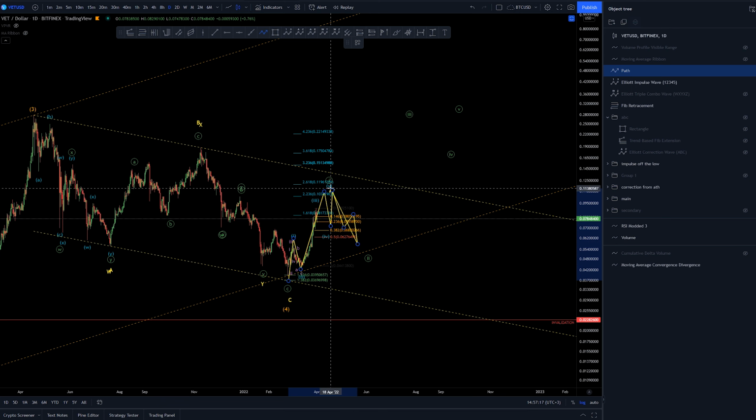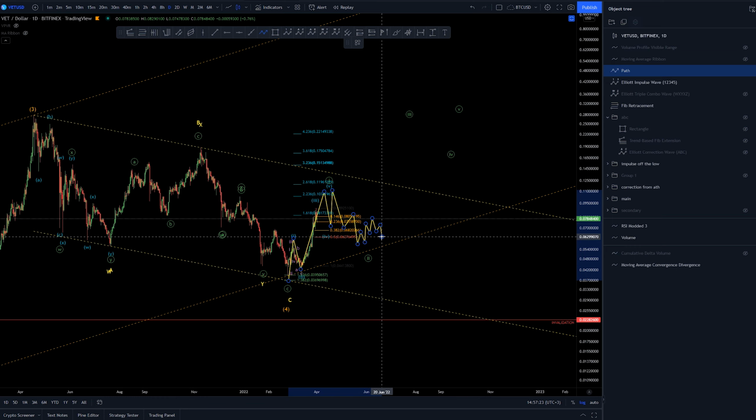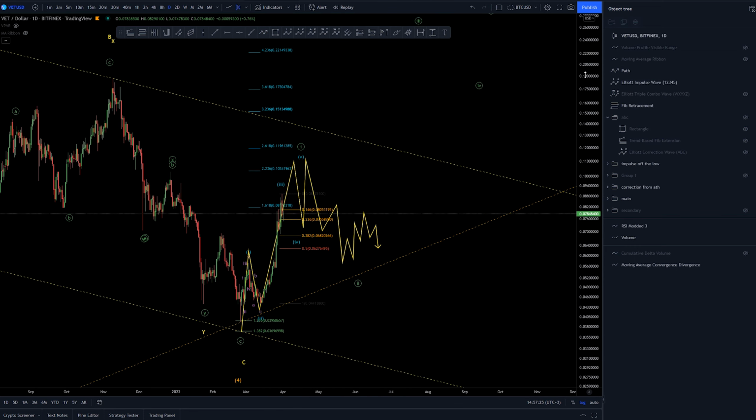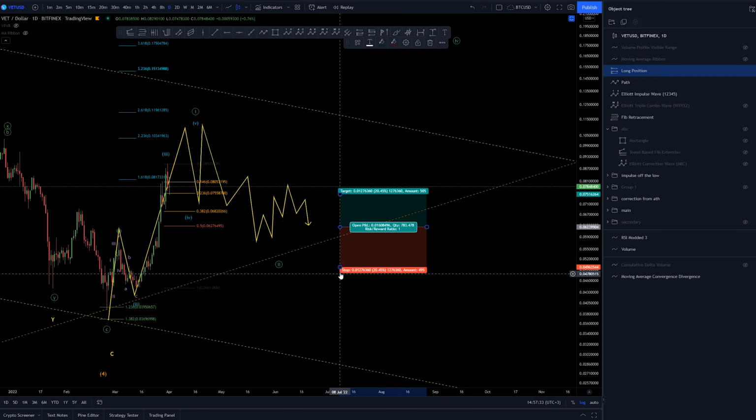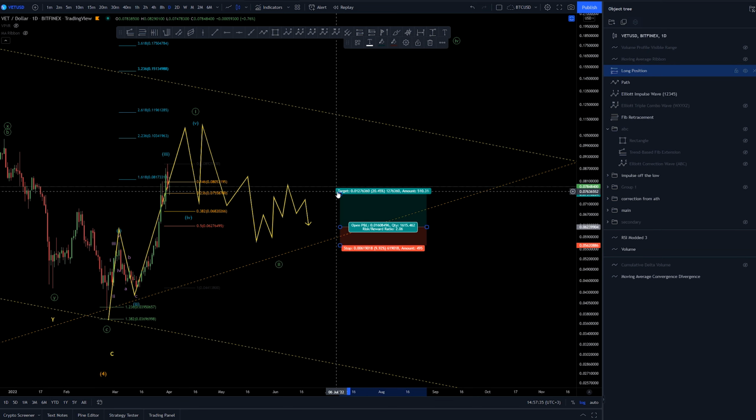So that would be the 5 waves up, 3 waves down, 1, 2, 3, 4, 5, and then 1, 2, 3 down. And that would be a good way to set up a long position here with a managed risk.